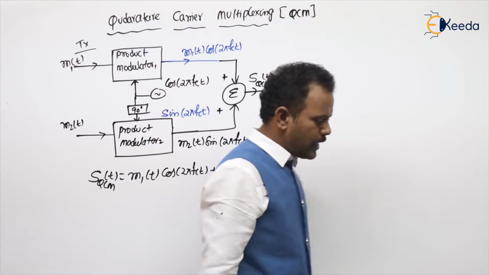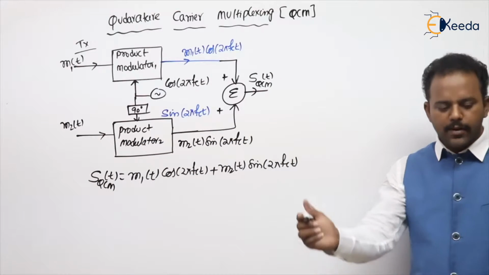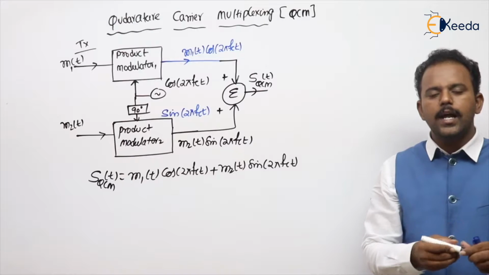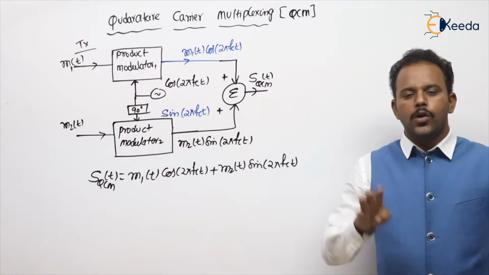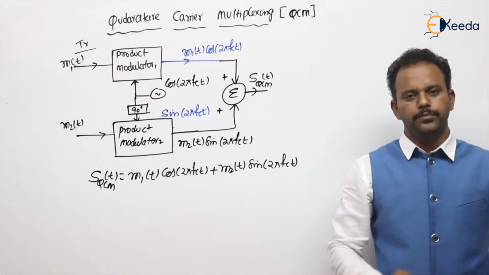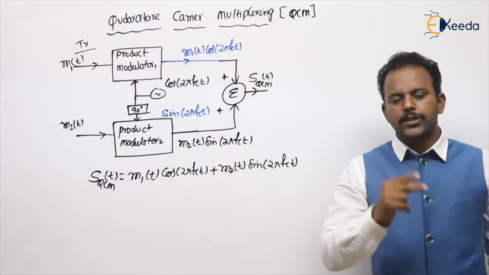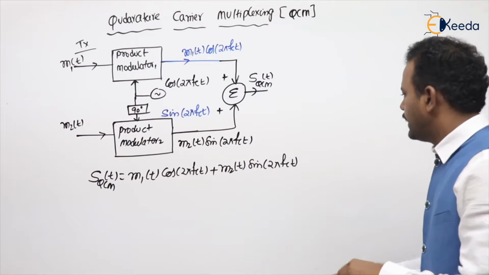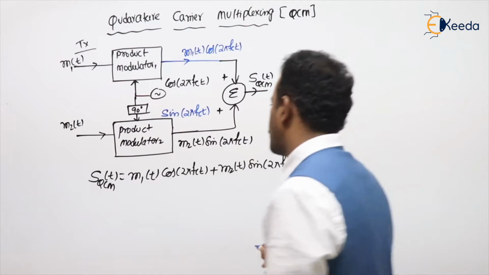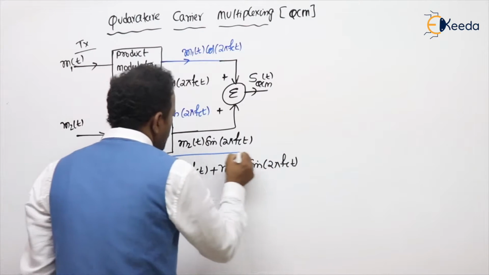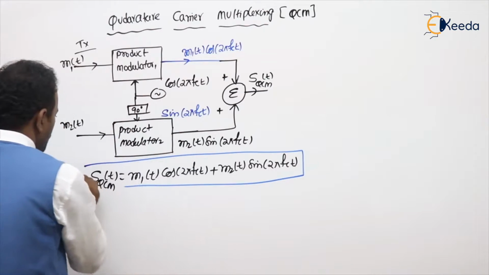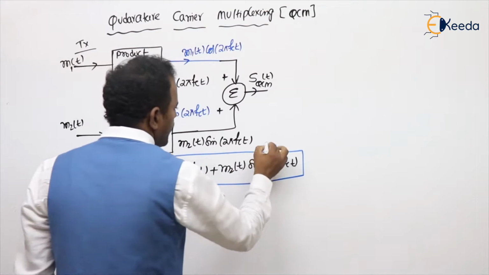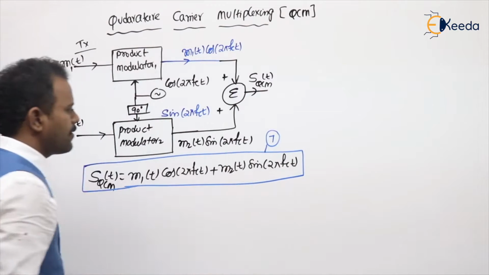I told you there is a total list of 17 expressions. How many are already completed? Total 4 expressions in AM and 2 expressions in DSBSC, total 6, and this is the seventh expression in that list. The DSBSC multitone I am not considering in the list I told. Important one, in that list the 7th one.